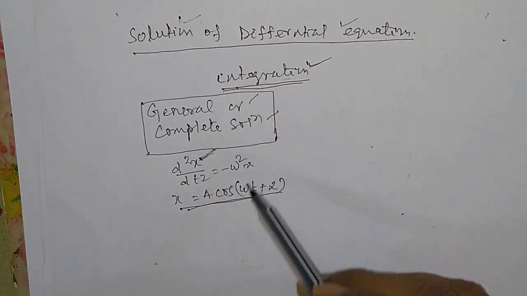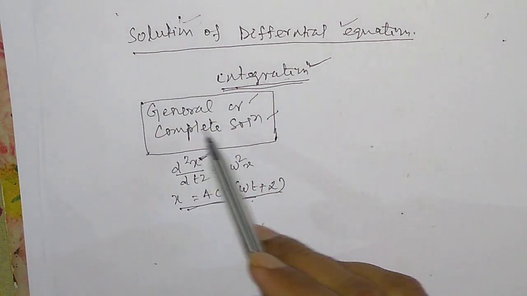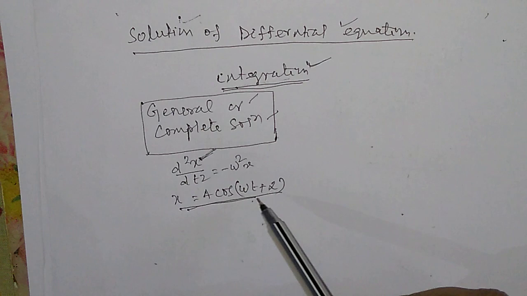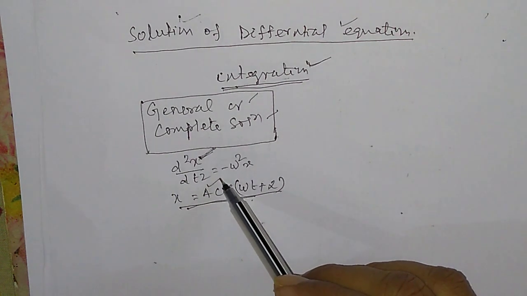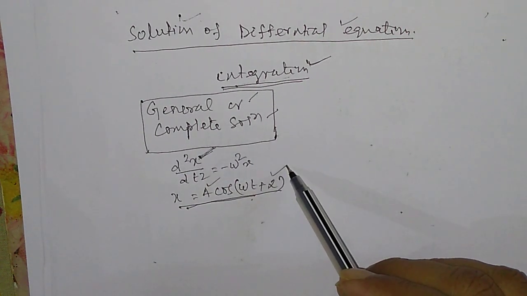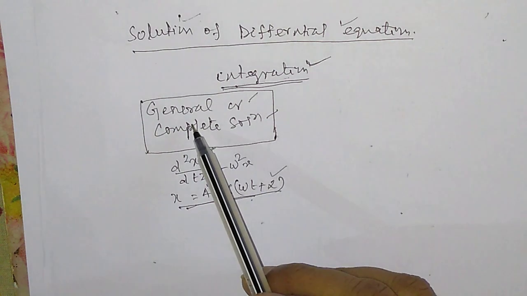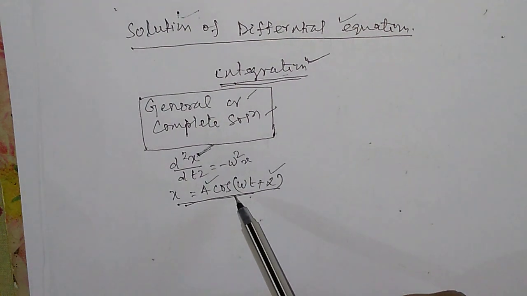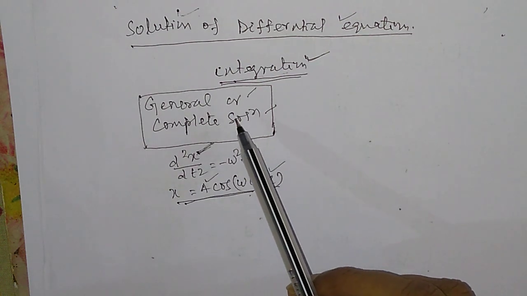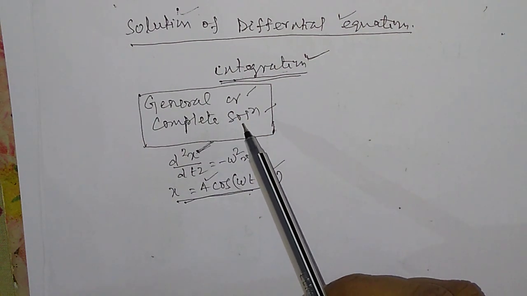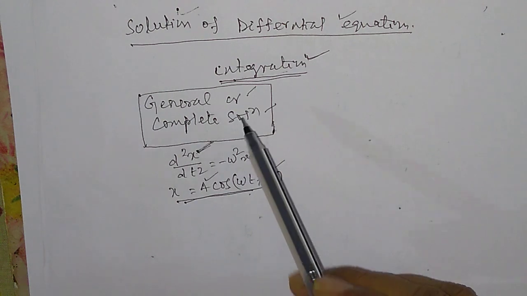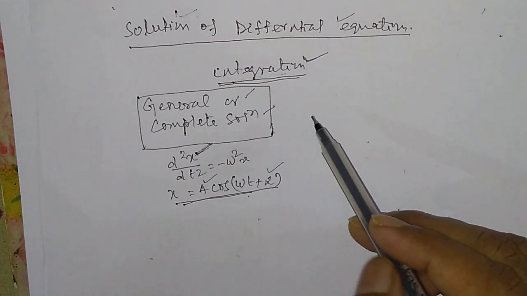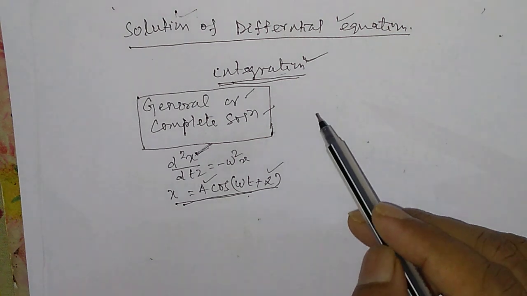So the number of constants in the general solution will also be equal to 2. One is a, another one is alpha. So remember, the number of constants in the solution of a differential equation is equal to the order of the differential equation.